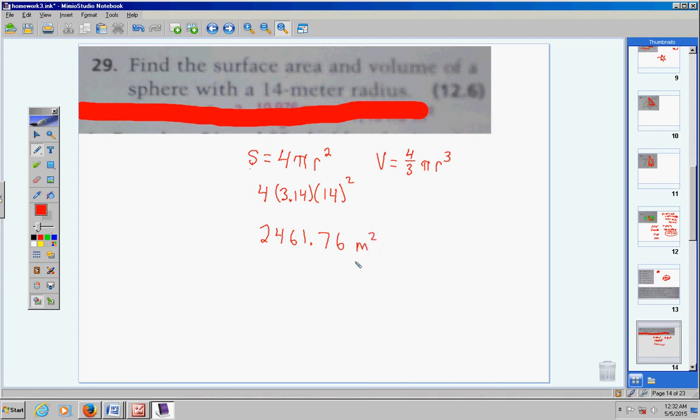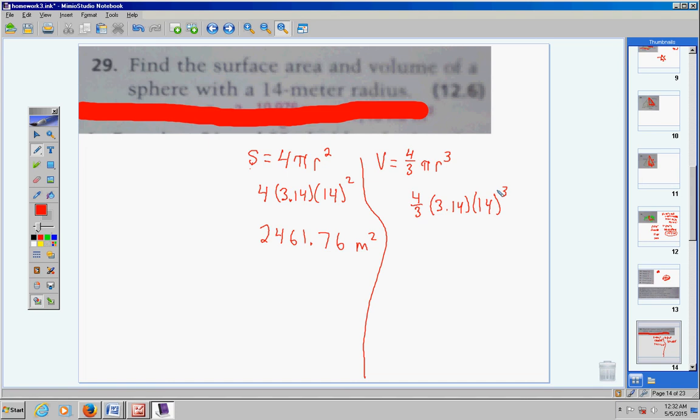Now, the volume of a sphere is 4/3 times 3.14 times the radius to the third power, so 14 to the third power. So, typing all of this into my calculator, I'm going to get 2,000,000.